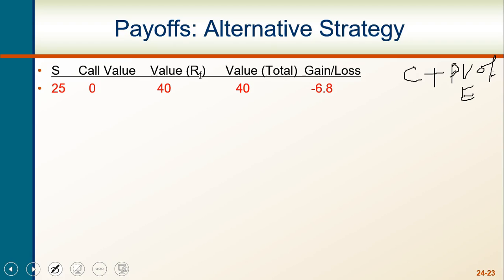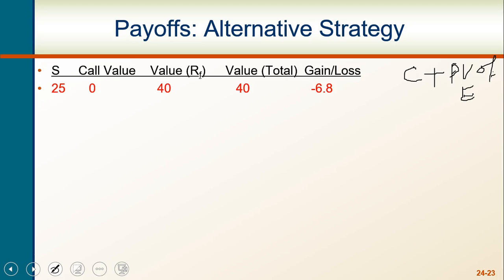So if the stock price is 25, what is S minus E going to be equal to? Stock price is 25 and the exercise price is 40. So 25 minus 40 is going to give you minus 15. And we know that the payoffs cannot be negative for options contracts. So therefore we use a 0 as value, because the choice is really between 0 and S minus E. So the call is worthless, and we have an investment which has a maturity value of $40.